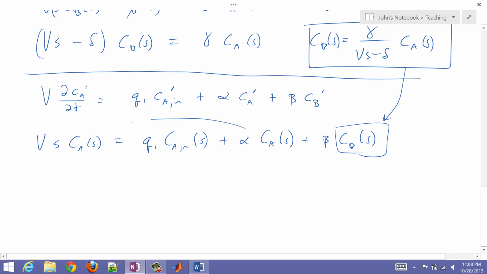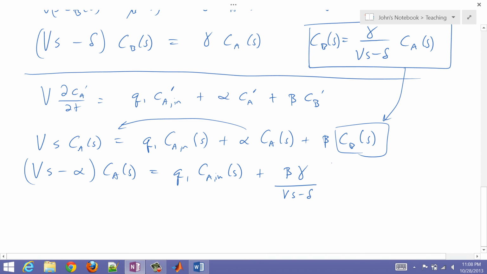I can also collect the CA over onto this side. So VS minus alpha times CA of S equals Q1 CA in of S plus beta times gamma divided by VS minus delta times CA of S. Of course I want to collect the CA onto this side as well.